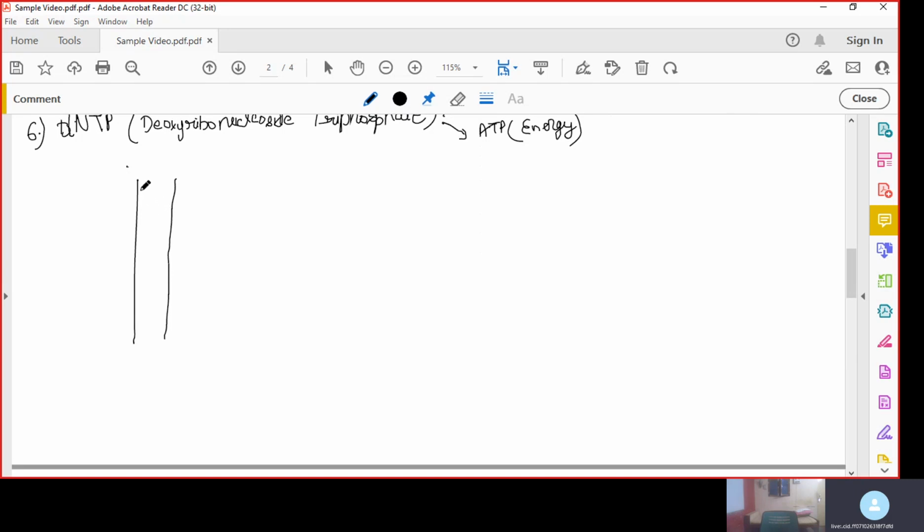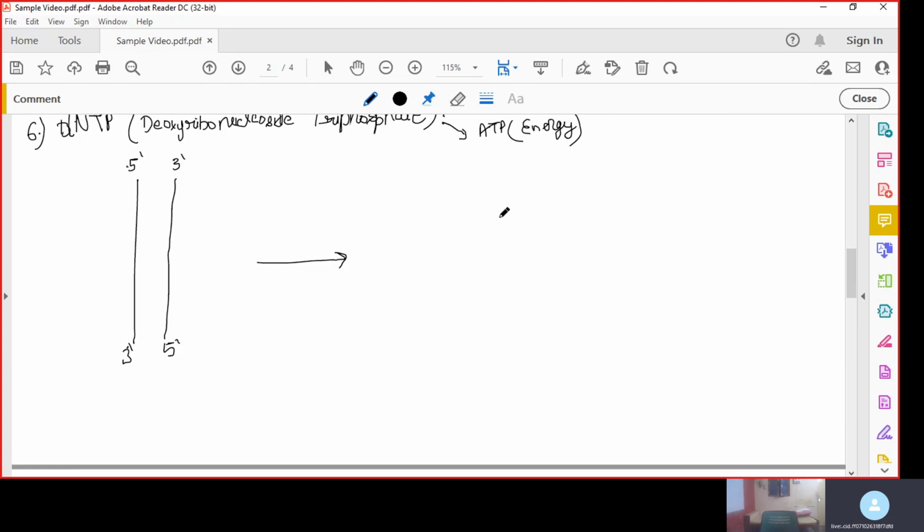Now you have to give the directionality. As we know, 5' to 3' is the direction of synthesis, so this will be 3' to 5', and this 3' to 5'.